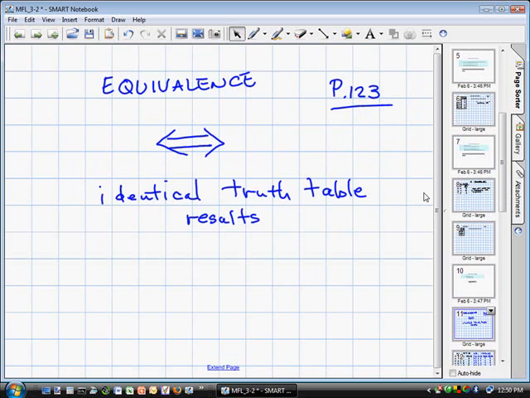Okay, here's another symbol that you will be seeing in this chapter. It's like an equal sign with a less than and a greater than sign kind of surrounding. And this indicates what we call equivalence. If two statements are equivalent, then their truth tables must come out exactly the same.